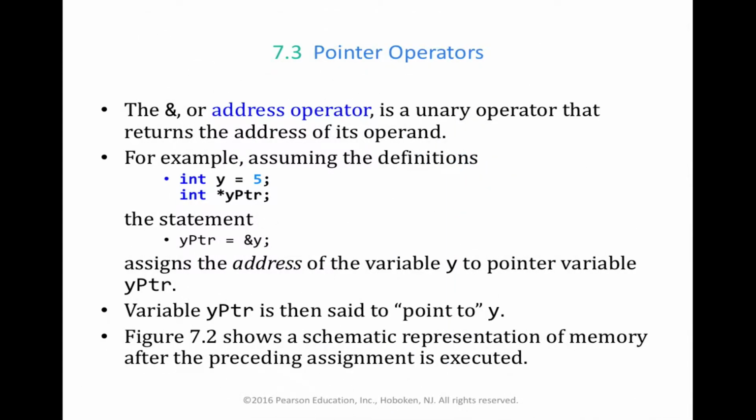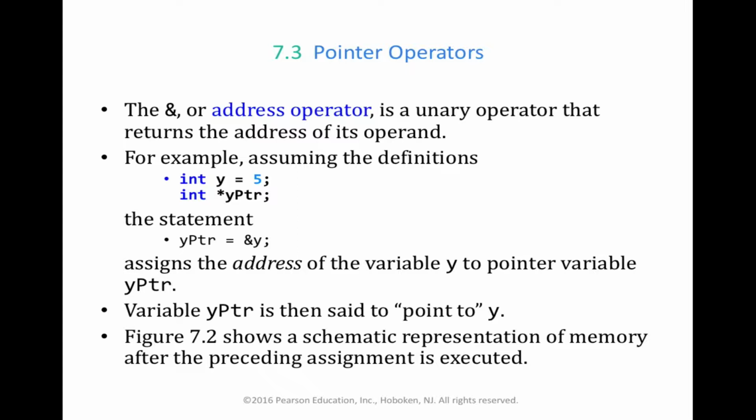So the address operator, which is the ampersand, returns the address of its operand. Let's assume for a moment I have two definitions. I have an integer y that has the value 5, and then I have an integer pointer called yPtr.